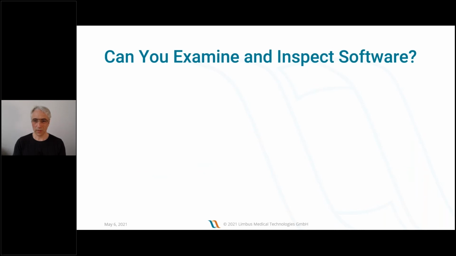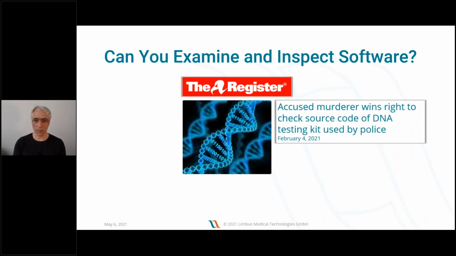I like to use an event that happened in February 2021, where an accused murderer won the right to actually check the source code of a piece of software that was used to generate evidence against him. The manufacturer of the software was trying to fend this off for quite some time.